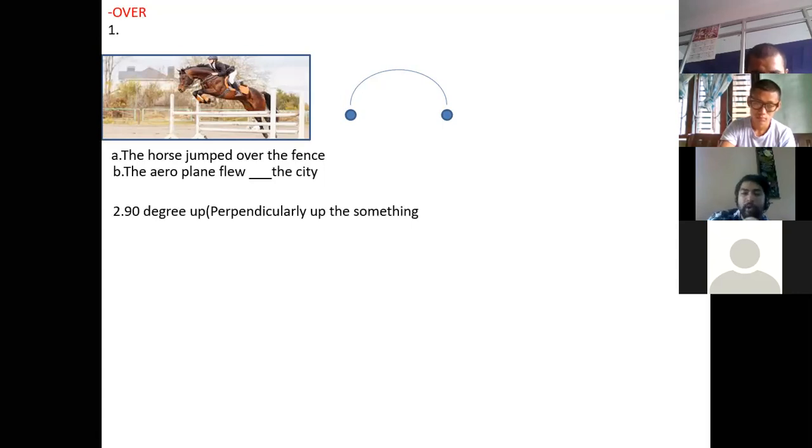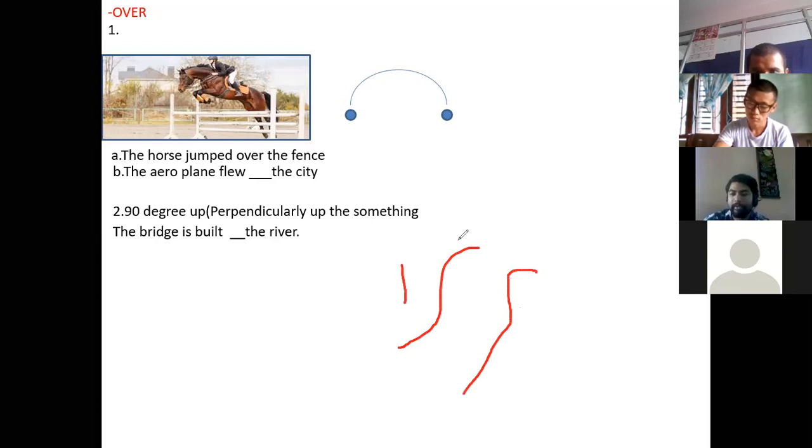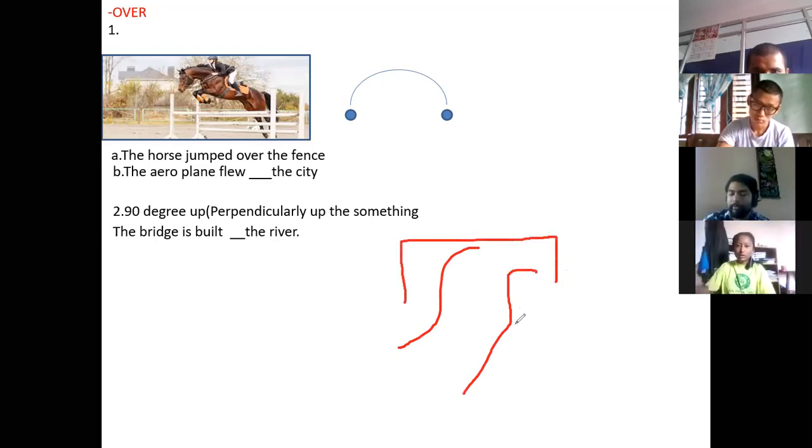Another use of over is perpendicularly up. If you use the exact midpoint and go straight up, that is also over. For example, this is a river, let's say, with a bridge on it. Whenever a bridge is built there's a reference point, the midpoint, and its measurement on this side is made equal to the other side.